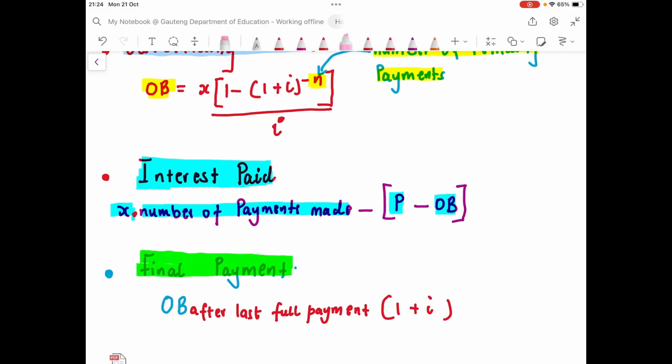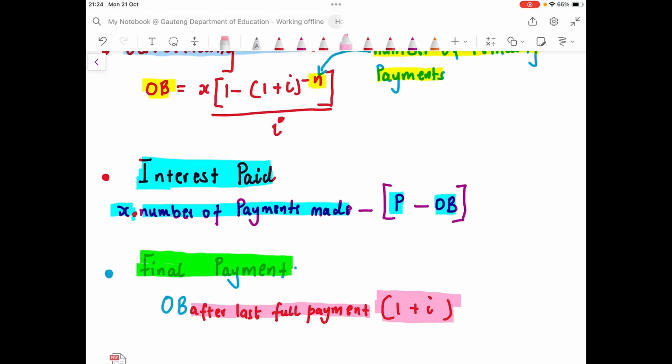Then you just multiply that outstanding balance by the interest for 1 period. This is interest for only one period.